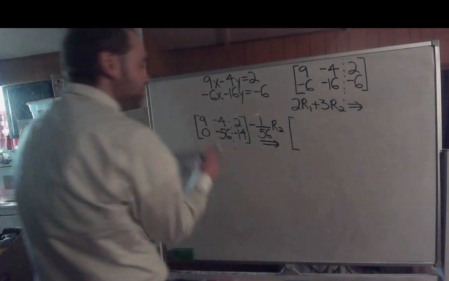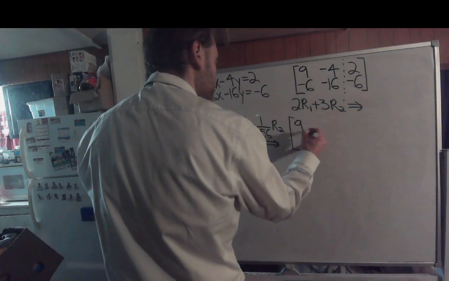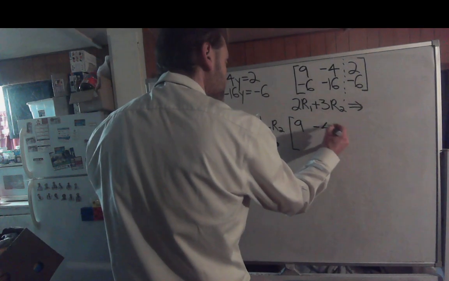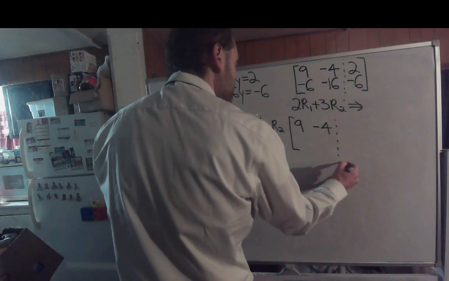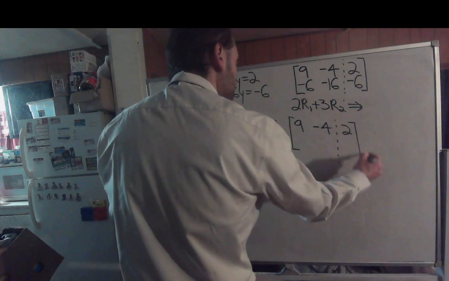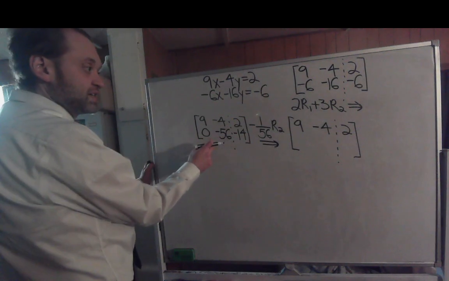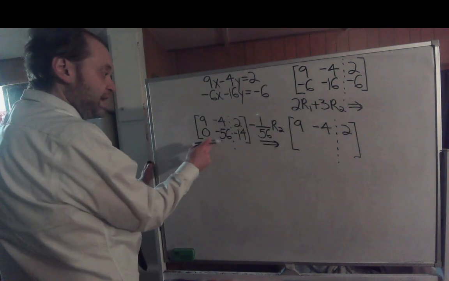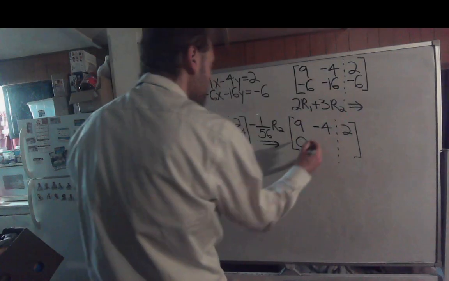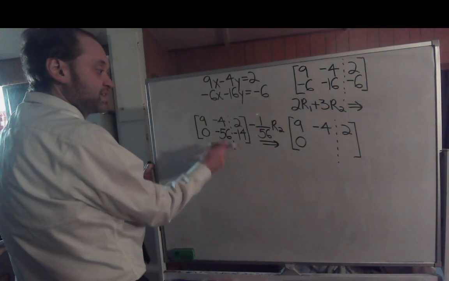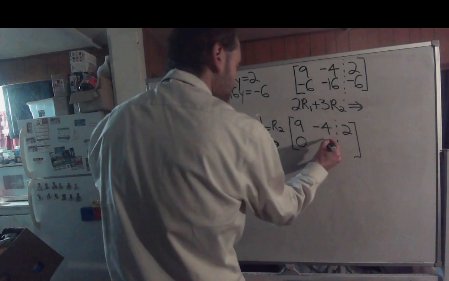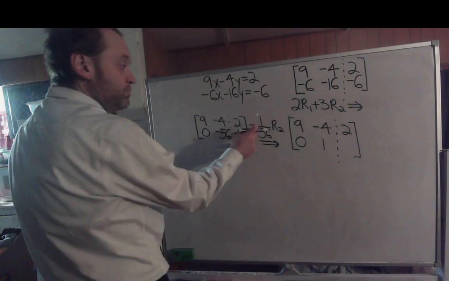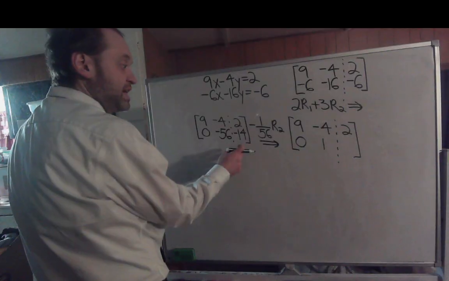For the time being, leave the first row alone: 9, negative 4, and 2. Now take negative 1/56 of row 2. That times 0 is still 0. Negative 1/56 of negative 56 is positive 1. Negative 1/56 of negative 14 is positive 1/4.